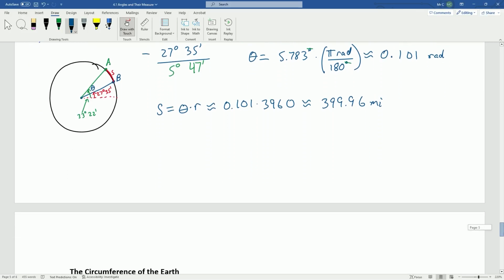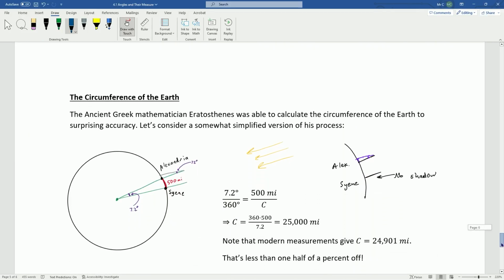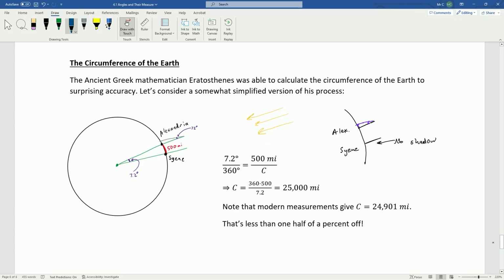Now, on a bit of a historical note, this approach was used to measure the circumference of the Earth a couple thousand years ago. The ancient Greek mathematician Eratosthenes was able to calculate the circumference of the Earth to surprising accuracy, and he basically did the process we did before with a little extra step, because he had to figure out what the angle was between two cities.